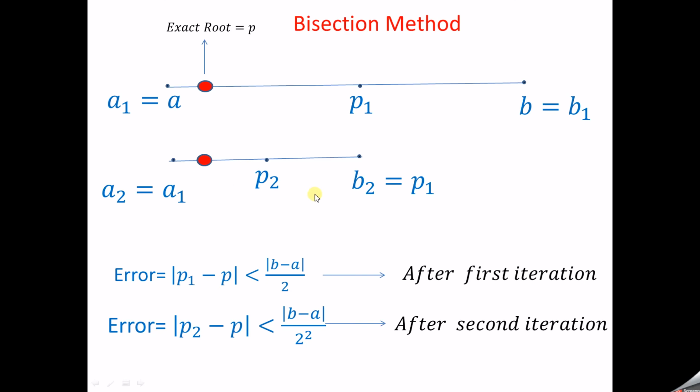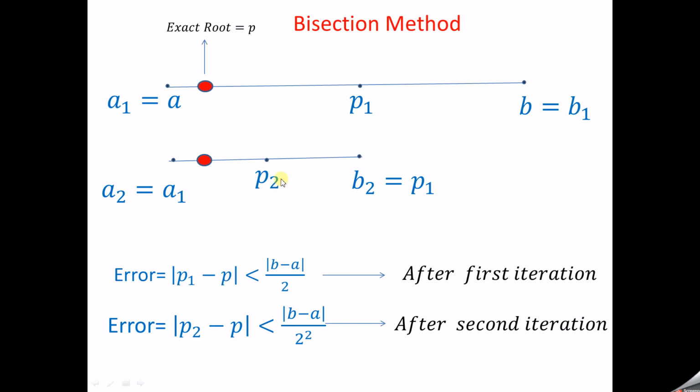Now when we find P2, the second approximation, the difference between exact and approximation will be less than B minus A by 2 square, because this distance is B minus A over 2. That is further divided by taking the midpoint again. So in the first interval stage, we have considered the midpoint, therefore the error will be less than B minus A over 2.